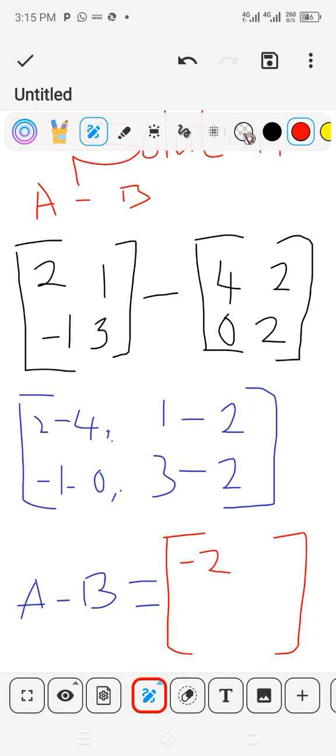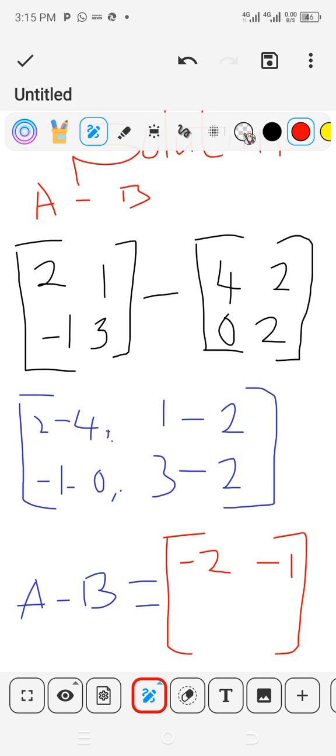And 1 minus 2, if you perform the operation, you will get minus 1. And minus 1 minus 0 will give you minus 1.